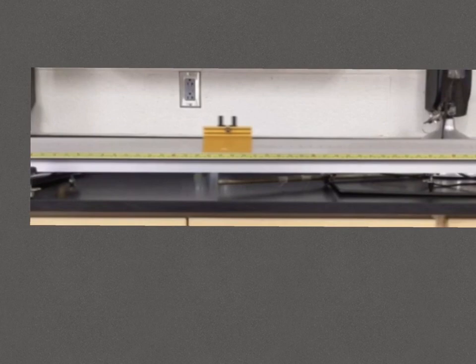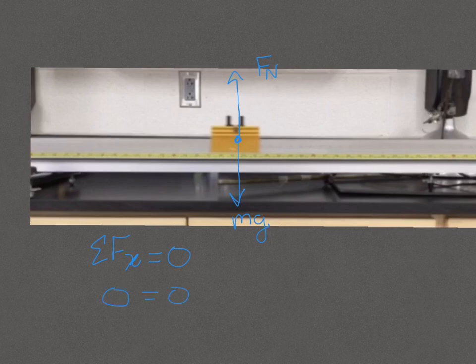So the only forces acting on this cart are gravity down and the rail upwards, which is the normal force. There is nothing left and right. So the sum of all the forces in the x direction would still equal 0. It's just we would not be able to write anything down on the left-hand side because there are no forces that exist. On the y-axis, up and down, is the object's motion changing up and down?